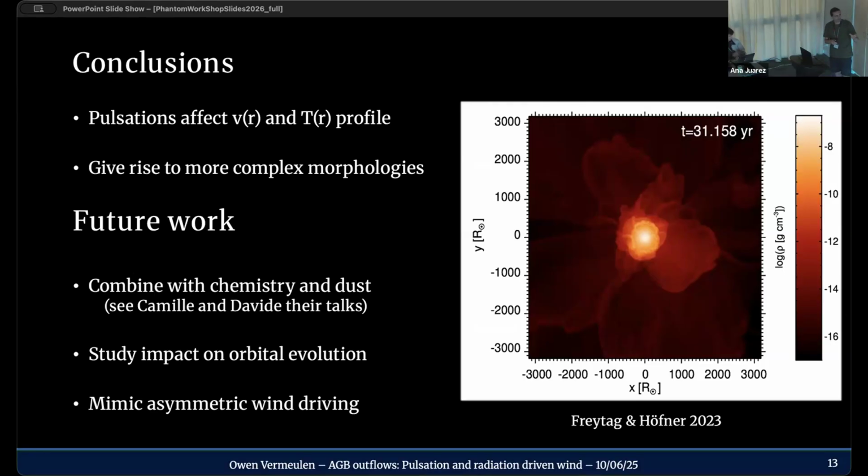So a way that I aim to implement this is by deforming the boundary itself and letting that pulsate into the atmosphere, because this outflow is really driven by convection, which I don't aim to implement yet. So with that, I'd like to thank you all for listening, and I will gladly take any questions.